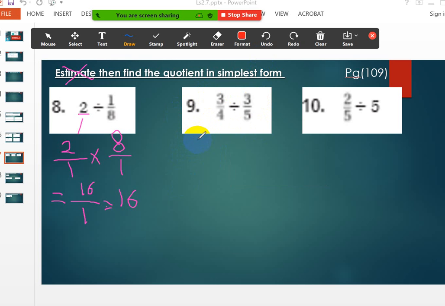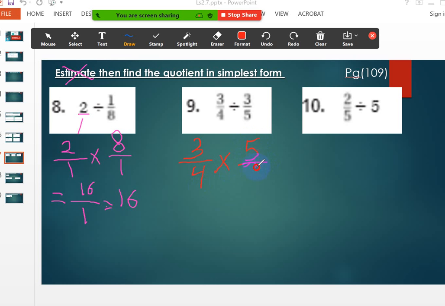Okay, let's start. So we will flip the second one, the divisor, you mean? 3 over 4 will be the same, and the division will be multiplication, and the divisor will be 5 over 3. Very good, Manal.